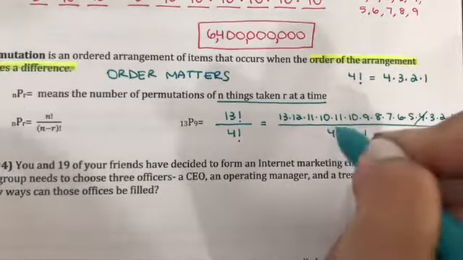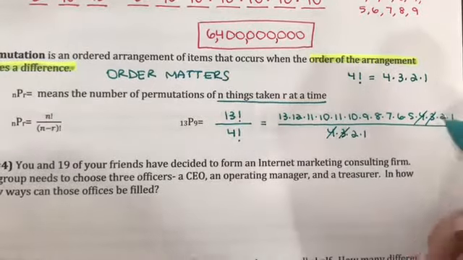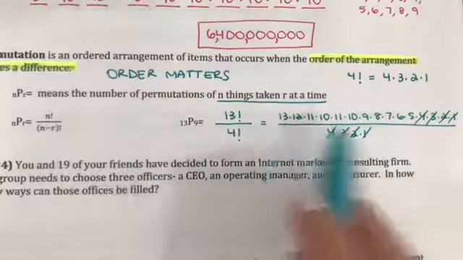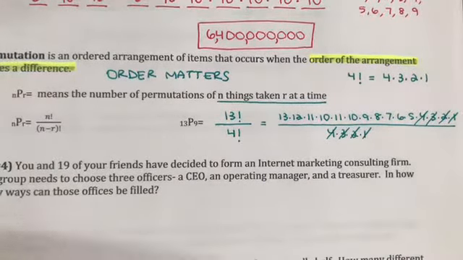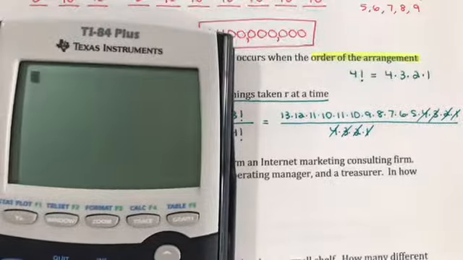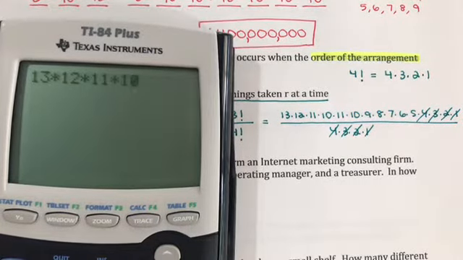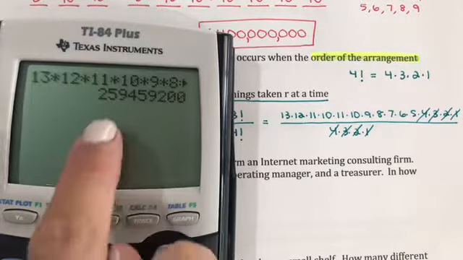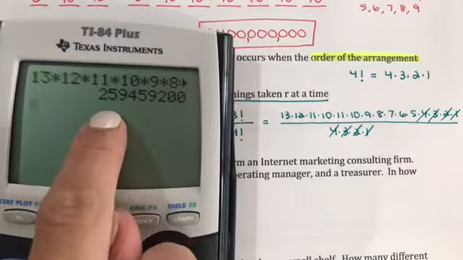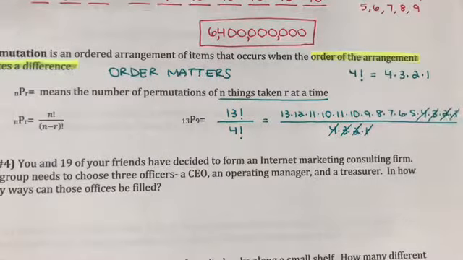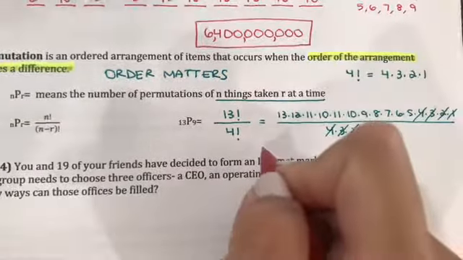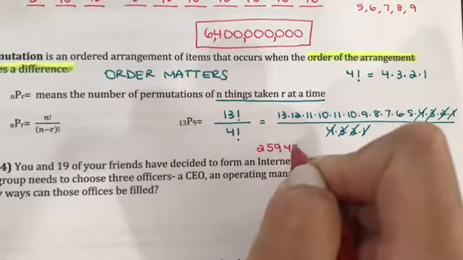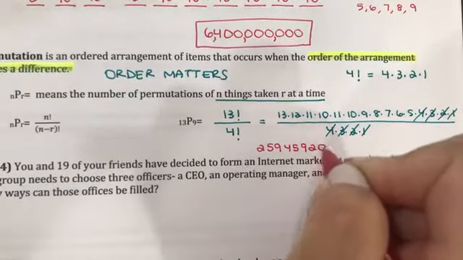Then we cancel 4 on top and bottom, 3 on top and bottom, and the 2s and 1s cancel. That leaves me with, let's multiply these numbers out, 259,459,200.